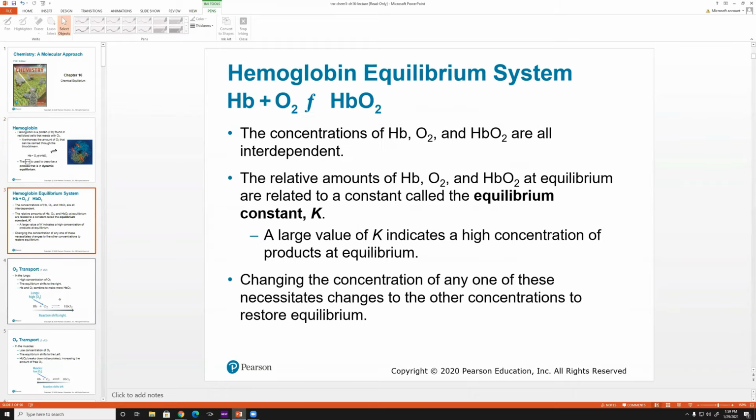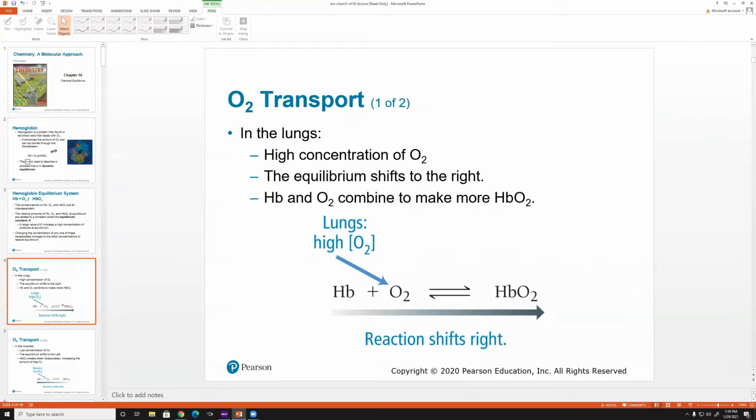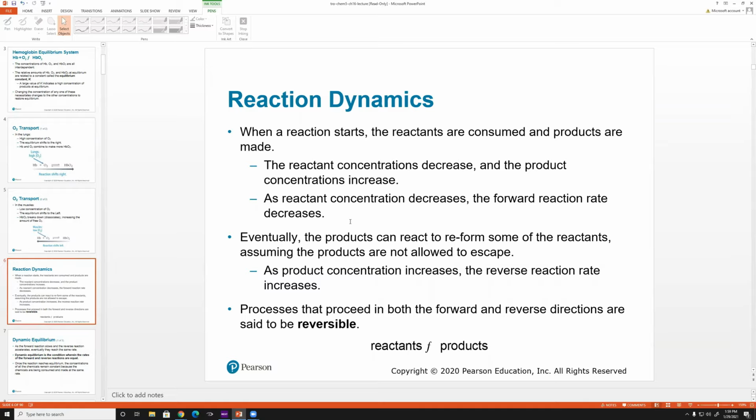So what is dynamic equilibrium? We'll skip the lung example for now. When a reaction occurs, everything starts out as reactants in the mixture. Then over time, the reactant concentration decreases and the product concentration increases. We can consider that to be the forward reaction.